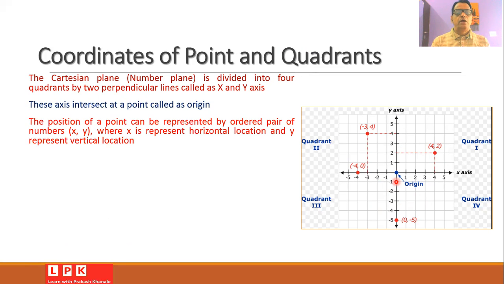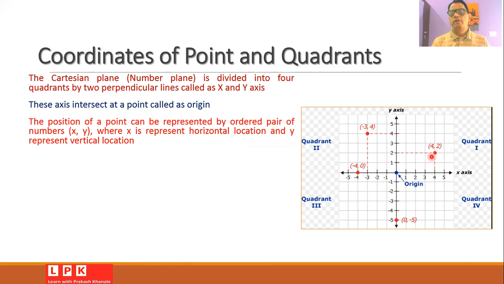Whenever we think of any point in the Cartesian plane, the point can be represented by an ordered pair of numbers (x, y), where x represents the horizontal location of the point and y represents the vertical location of the point.